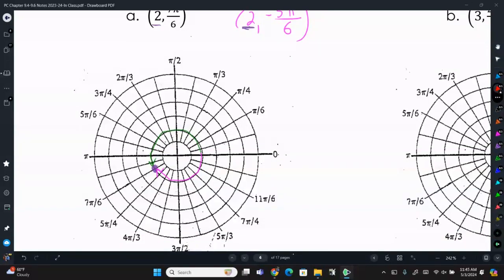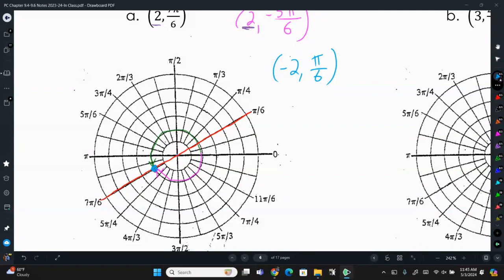Well, 7 pi over 6, if we keep going, if we draw a line, do 7 pi over 6, you see how it lines up with positive pi over 6. So we know if we get an angle at positive pi over 6 and we have a negative r value, we're going to go backwards. So we can do negative 2 comma pi over 6, because that would go pi over 6 and then go backwards 2 units, 1, 2.